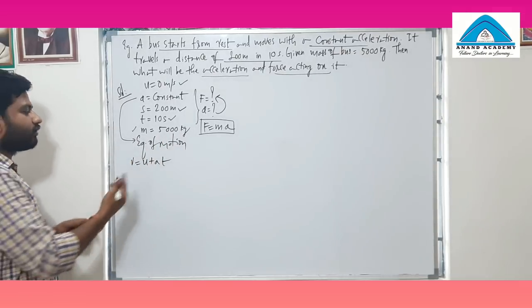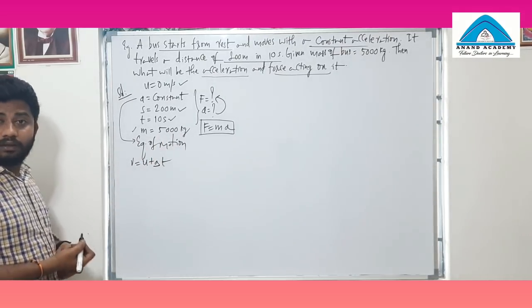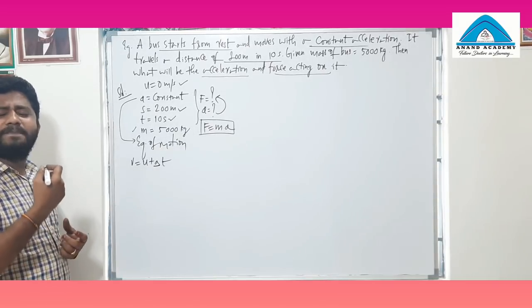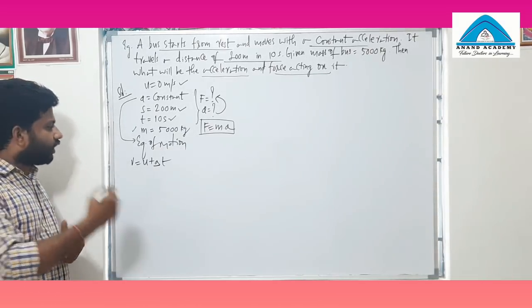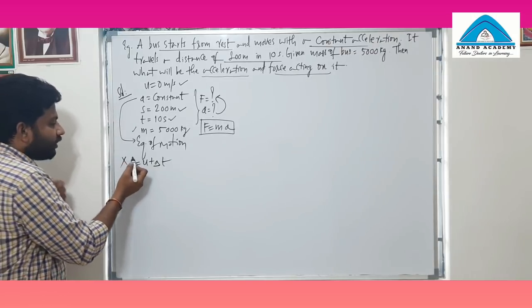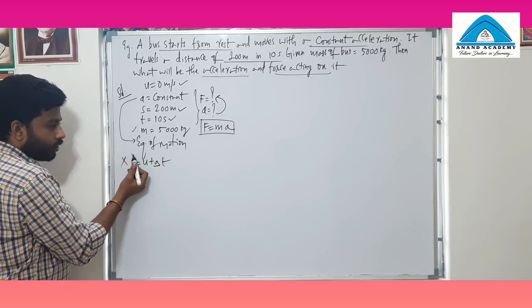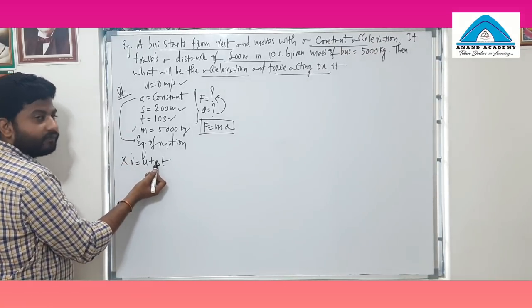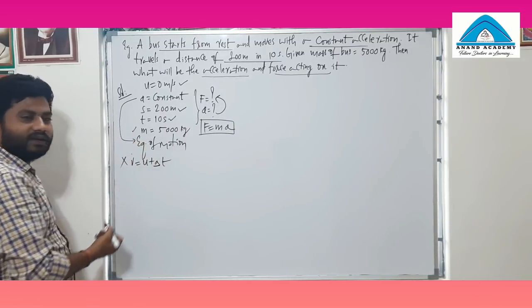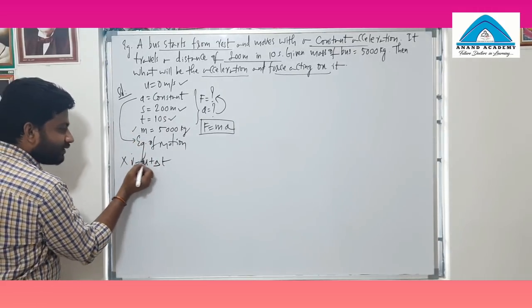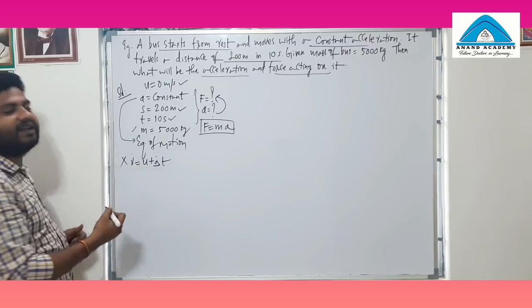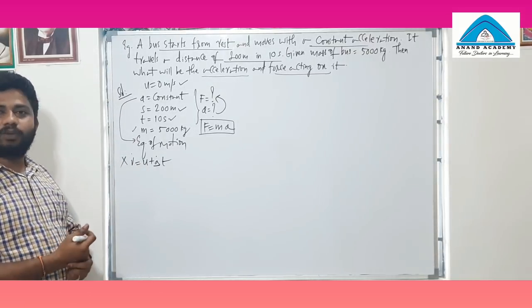Can I use this equation to find acceleration? Tell me. Impossible. We cannot use this because V we don't know, U we know, A we need to find out, and T is given. So there are two unknowns, V and A, so you cannot find it.